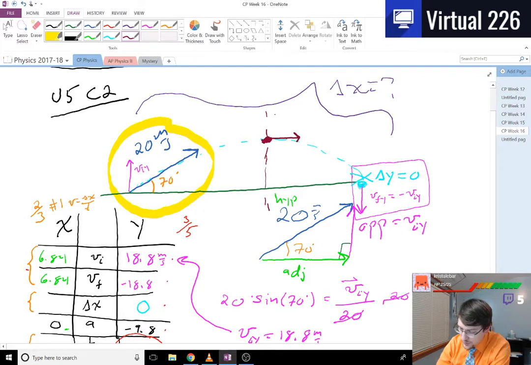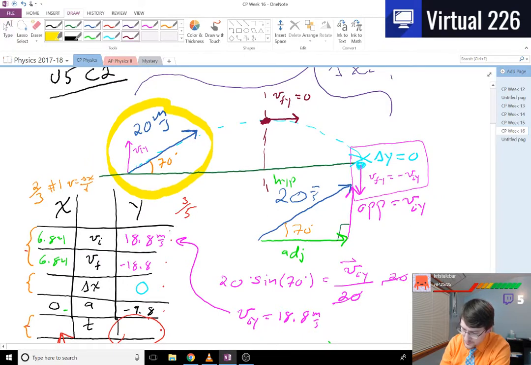So up here, the final y velocity, if you were stopping this problem halfway, equals 0. This allows you to use 18.8 as the initial velocity, 0 as the final y velocity, and then the acceleration of negative 9.8.